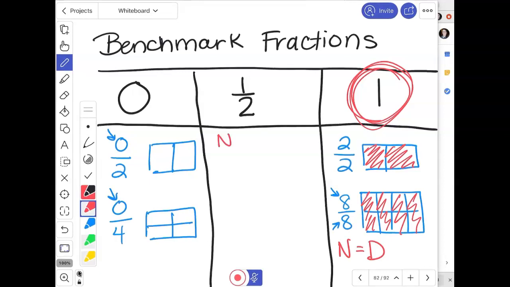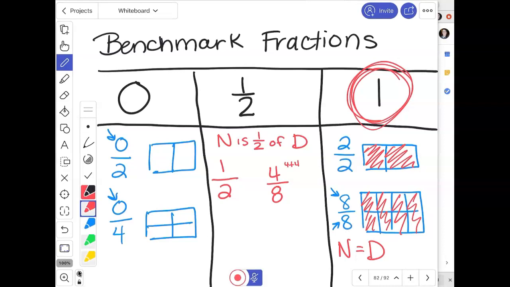So for example, 1 is half of 2 because 1 plus 1 equals 2. Another example of that might be 4/8 because 4 plus 4 equals 8.